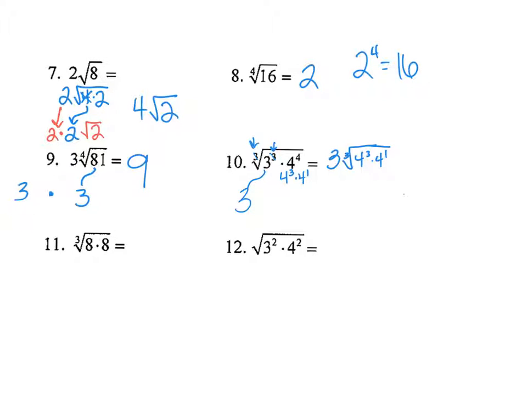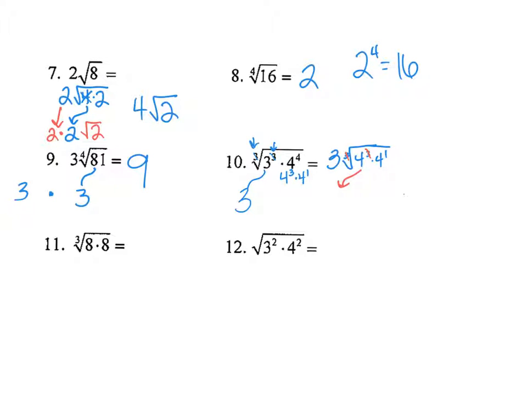Anyone? Because that makes 4. 2 plus 2 makes 4. Why didn't I do 4 squared plus 4 squared? Because then the third power wouldn't cancel. 4 squared doesn't do anything for me. So now I've got this third power here and this third power there, which means my 4 will also come out from that.